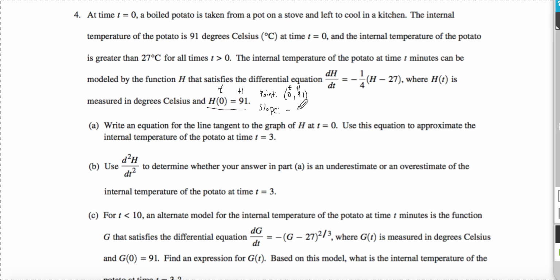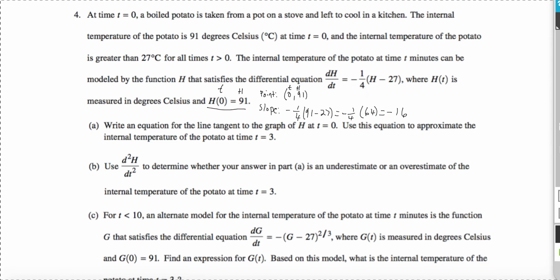So my slope is going to be -1/4 times (91 - 27), which is -1/4 times 64, which would be -16. So how do I write this equation? h is like my y value, t is like my x value.